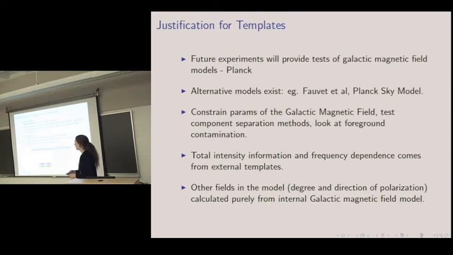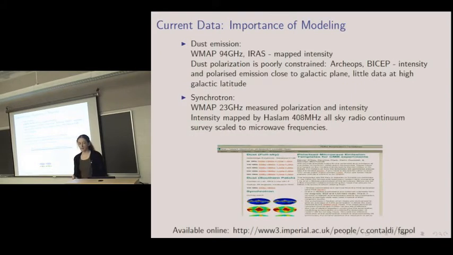So the current lack of data on the polarization is really why modeling this is important. For dust, WMAP and the IRAS satellite have matched the intensity of dust emission, but polarization is very poorly constrained. There are some measurements by, for example, Archeops and BICEP close to the galactic plane, but there's little data at higher galactic latitude.